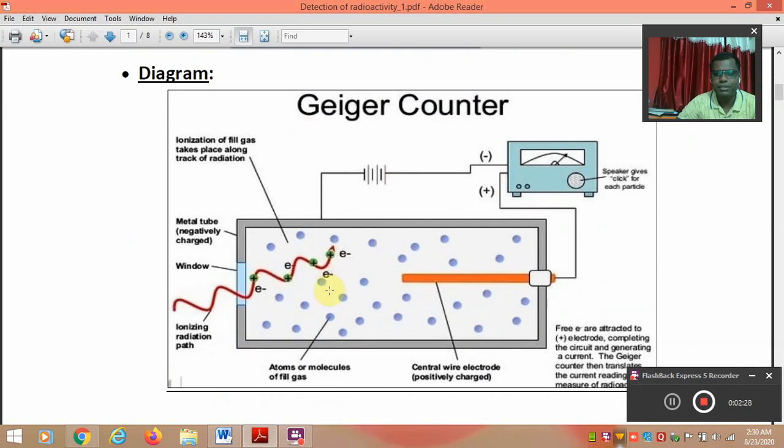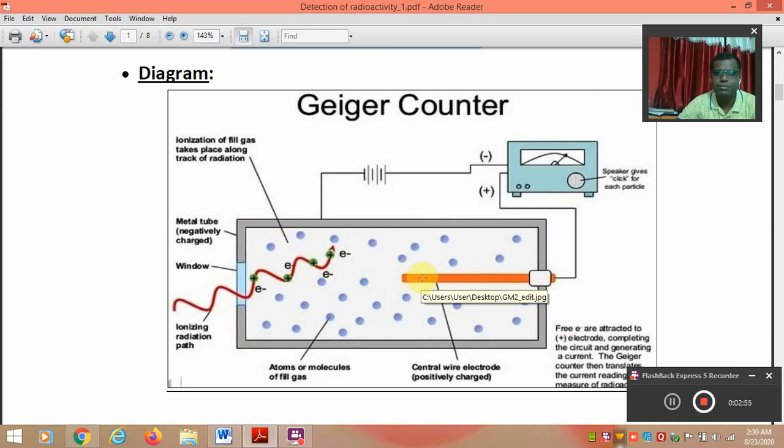So this was the principle, and this is the experimental setup. I have taken this image from Google. In this experimental setup, there is one copper cylinder. The wall of this copper cylinder acts as the cathode, so it carries the negative charge, while the central wire, called the tungsten wire, is present at the center of this copper tube and acts as the anode.